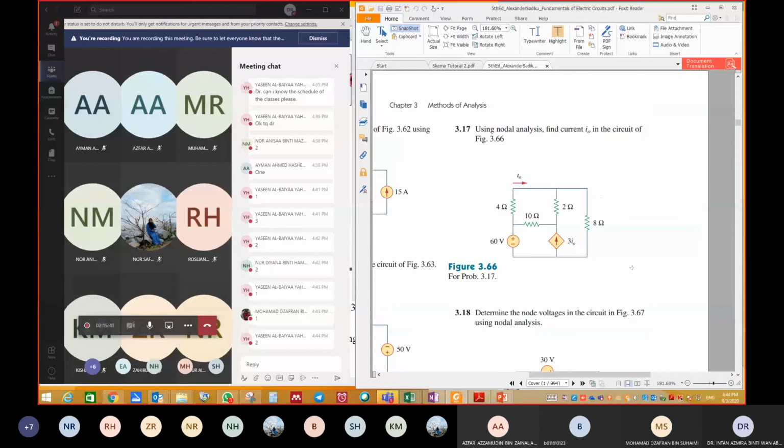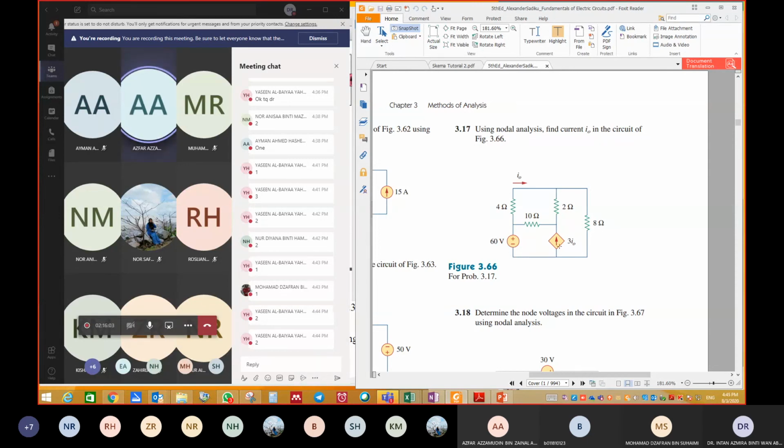Okay, number 3.17. How many nodes? 2. 3, Doctor. Okay, 3.